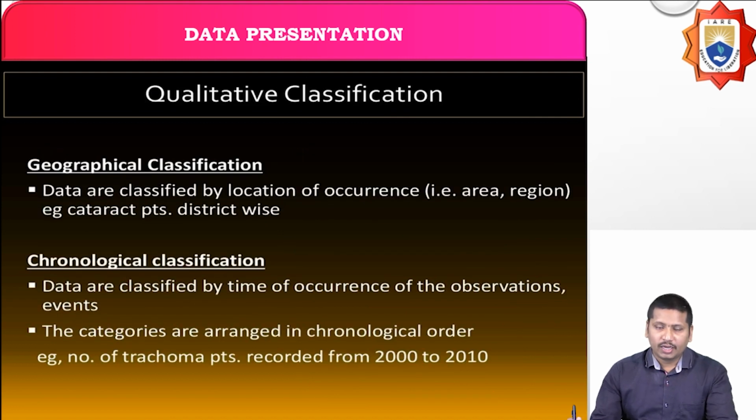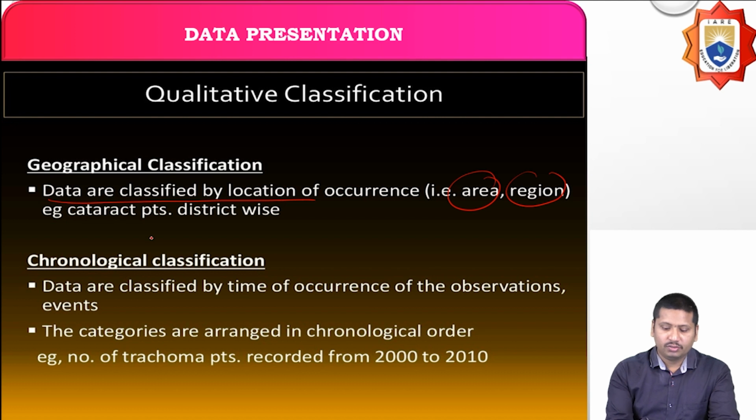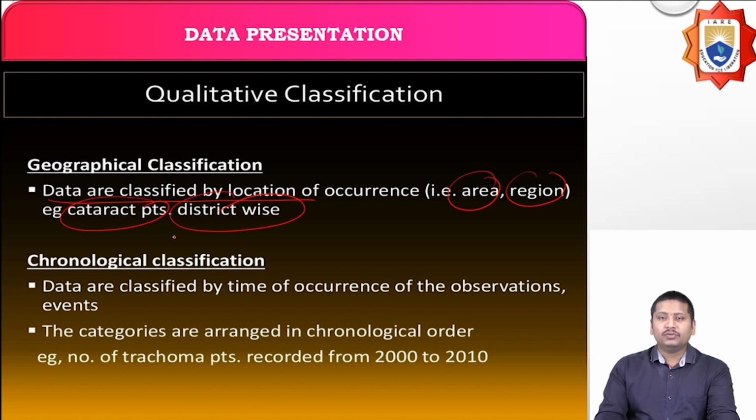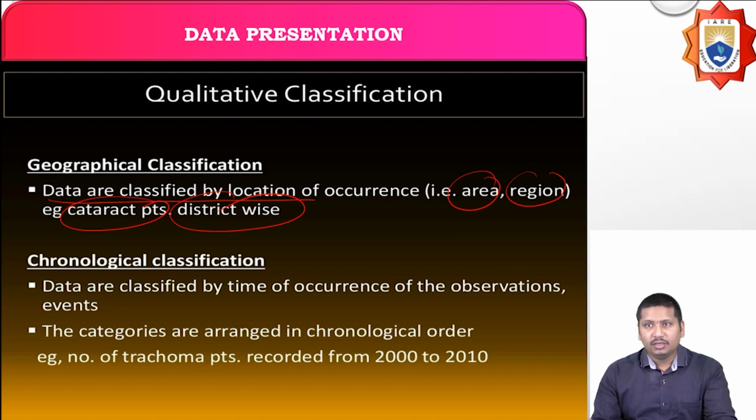For the qualitative classification, let's take the geographical one. Here the data is classified by the location of occurrence, like area, region, or district wise. So geographical means different types of location: area, region, district.